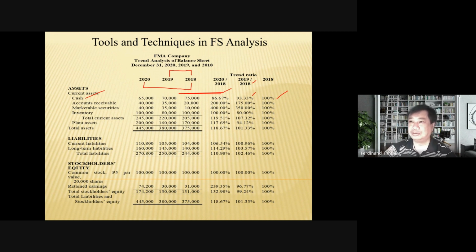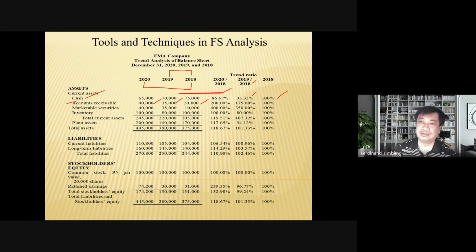But if you look at the accounts receivable, this may be one of the reasons. The reason why your cash declined from 75,000 to 65,000 is because you're not collecting. Kasi tumaas yung receivables mo eh. So that is one possible reason.